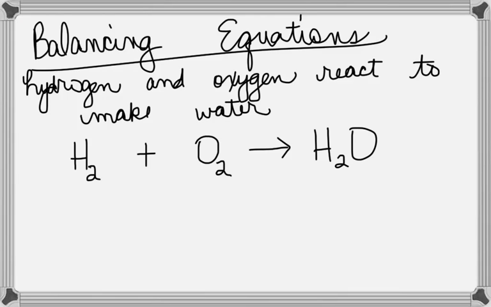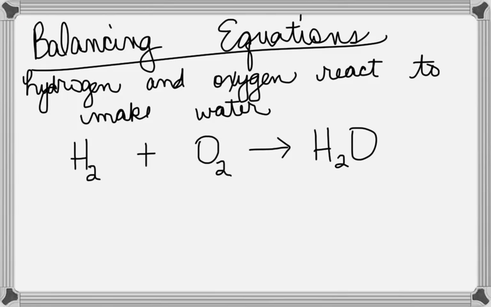Those elements never exist as just H or just N or just O or just F or just Cl or just Br or just I. Those 7 elements, it's always H2, N2, O2, F2, Cl2, Br2, I2. So if I say bromine, I mean Br2. If I say nitrogen, I mean N2. If I say oxygen, I mean O2. Okay, so those 7 I have to remember. If I see hydrogen or oxygen written, those are part of my diatomics.